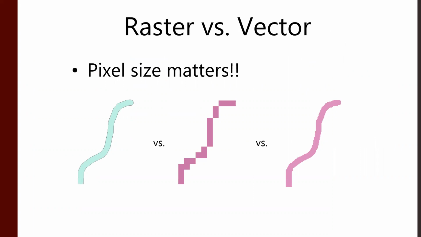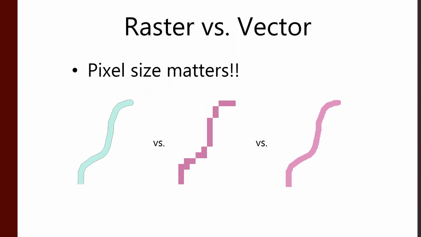With raster data especially, pixel size determines everything about how clear your data is. Whereas a vector, like the example on the left, can exactly perfectly follow the river outline or the river buffer that we see there, whatever that snaky is.